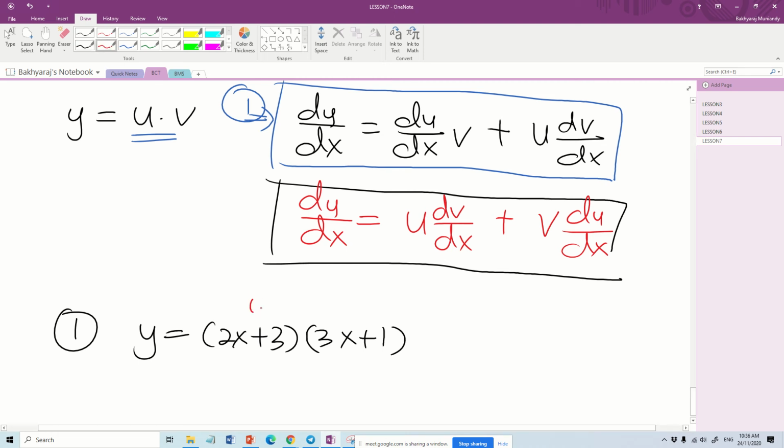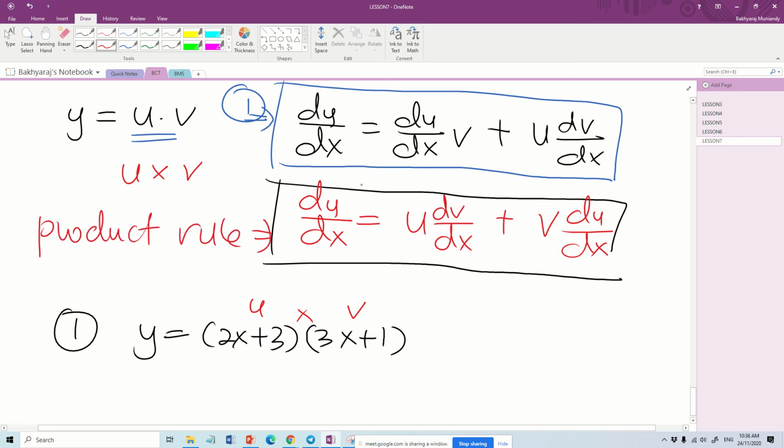So this is our u, this is our v. Okay, ini u, ini v lah. So u dot v maksudnya apa? Dua-dua ni kena kali. U kali dengan v. So 2x tambah 3 kali dengan 3x tambah 1. So there is multiplication. So saya boleh guna product rule.